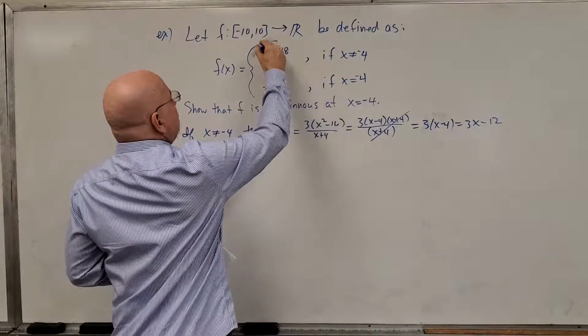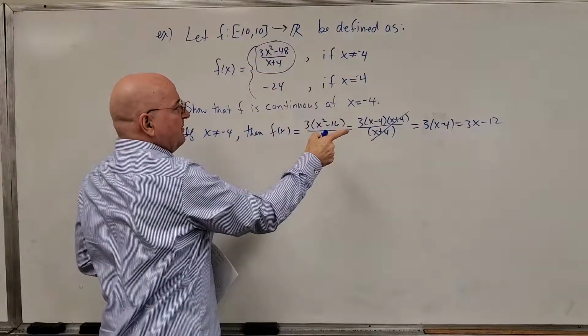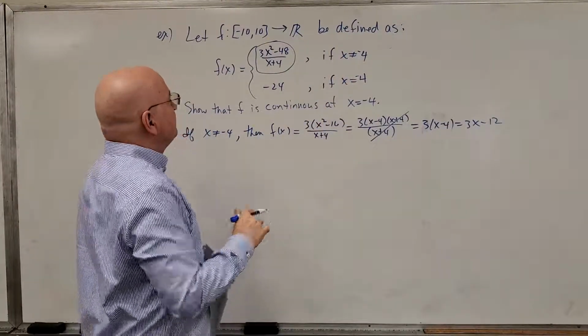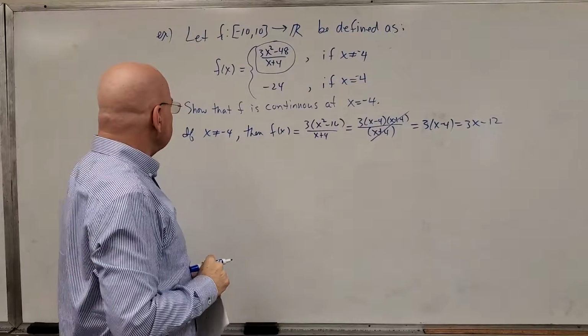So this is exactly equal to 3x minus 12 for all real numbers except where x is equal to negative 4.